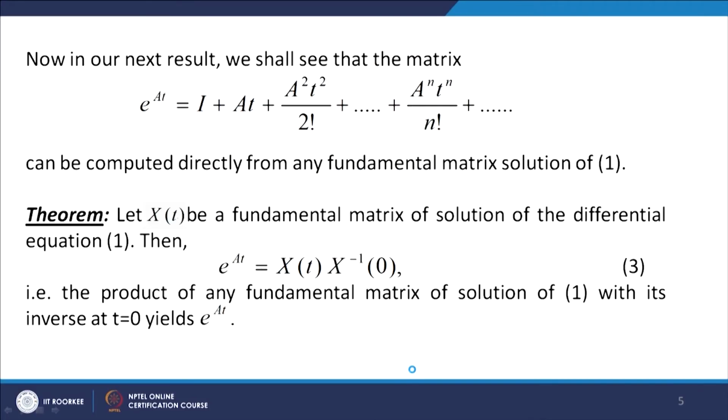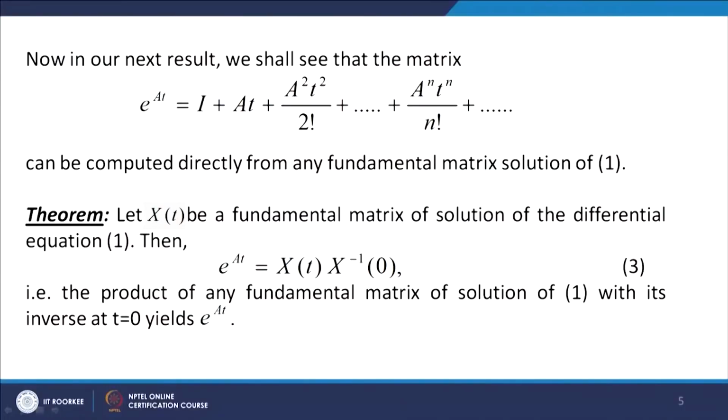Now, we have seen that e to the power At, where A is an n by n matrix, is given by the series I plus At, A squared t squared by 2 factorial, and so on, A to the power n t to the power n by n factorial. e to the power At is not easy to compute from this expansion, but we will see in the theorem which we are going to now state that it can be computed directly from any fundamental matrix solution of the vector differential equation x dot equal to Ax.